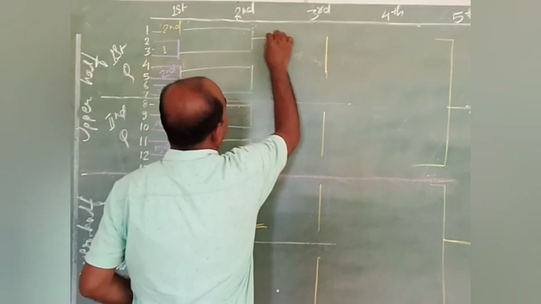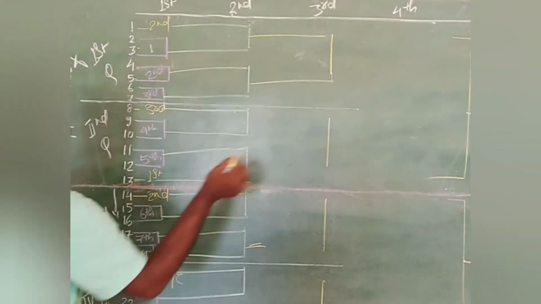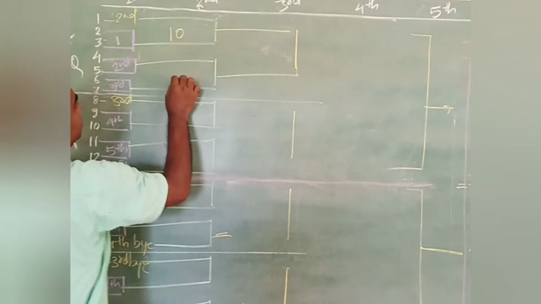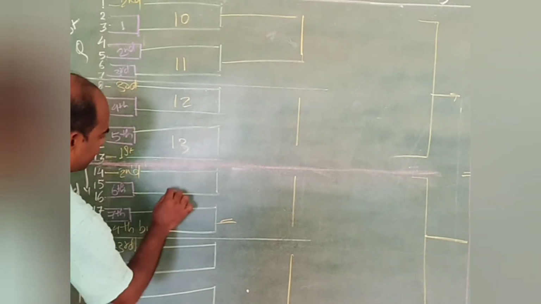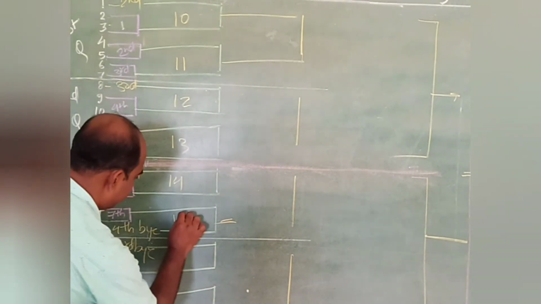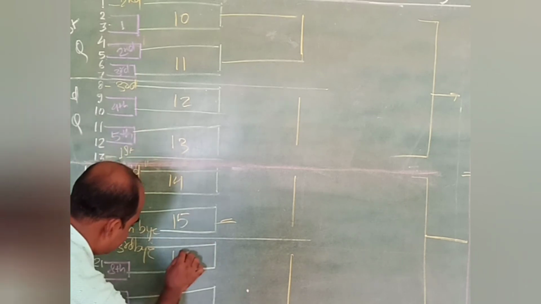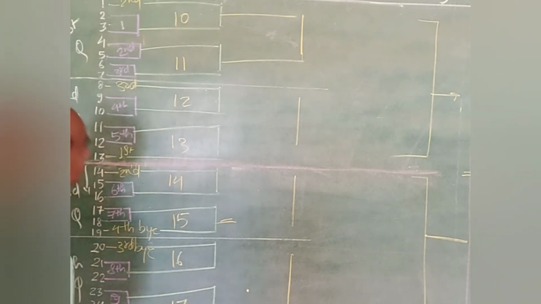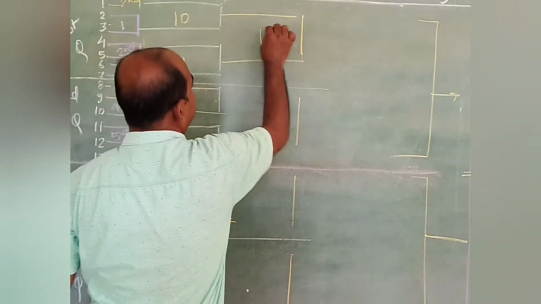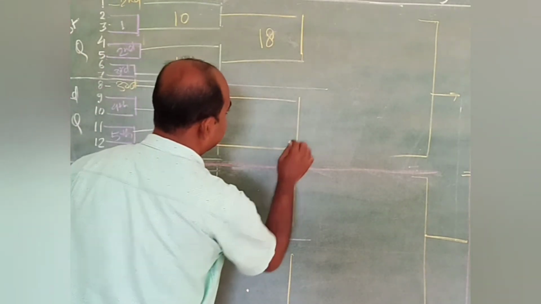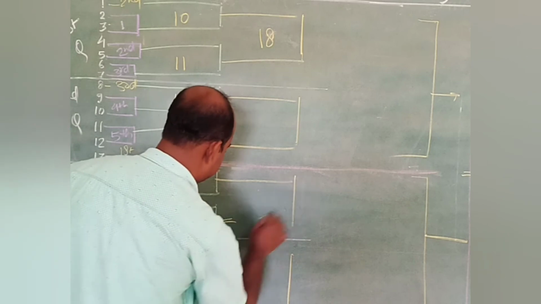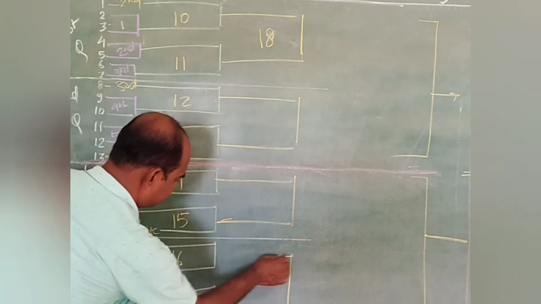Here, winner of this match. Before going to that, this is the 9th match. Here this is the 10th match, 11, 12, 13, 14, 15, 16 and 17. Then this will be the 18th match. Winner of this match and the winner of this match, winner of this match and the winner of this match.